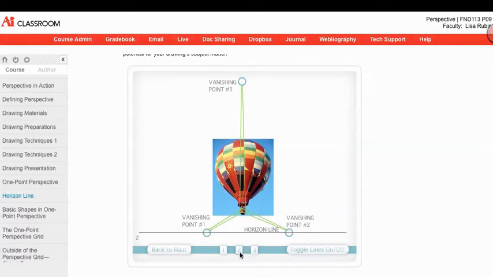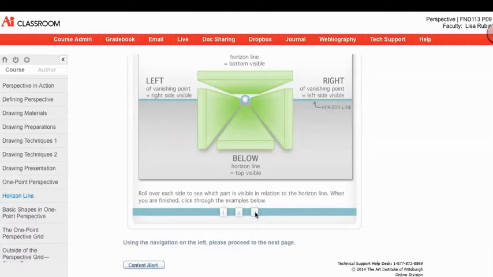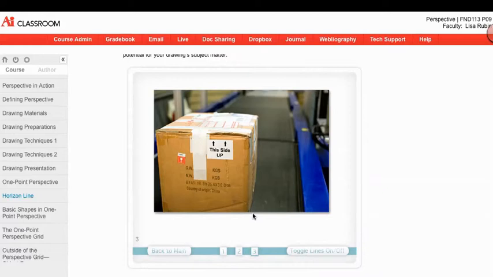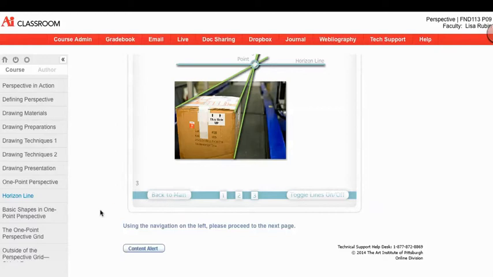Okay, and in this one, where it's 1 point perspective, it's not in the center the way it was in the train image, but it still is 1 point perspective. Everything is vanishing to one place. Technically, it could be 2 point perspective if you wanted to consider these lines on the top of the box, but we'll look at that a little bit later.